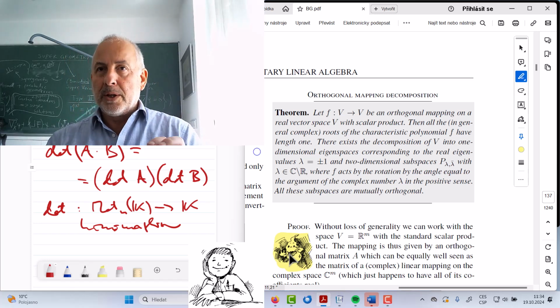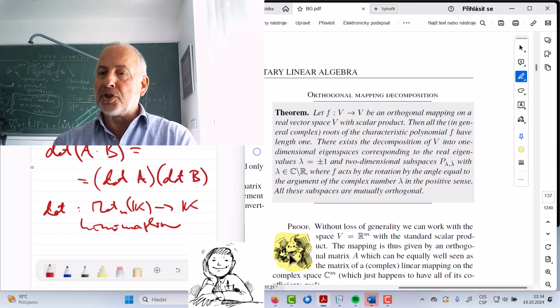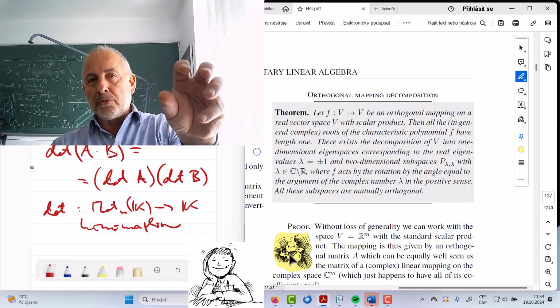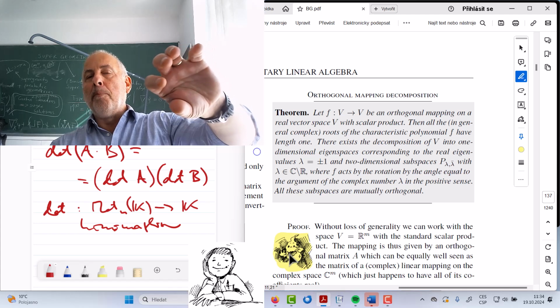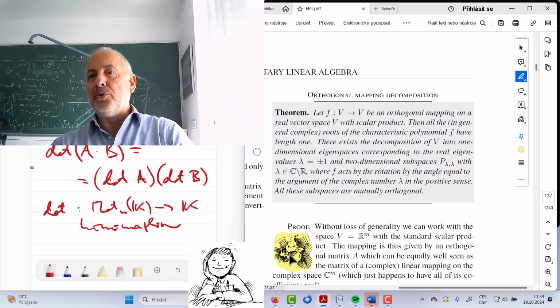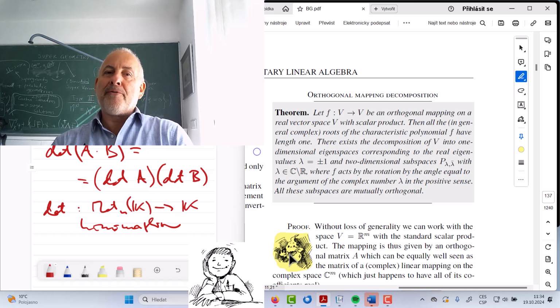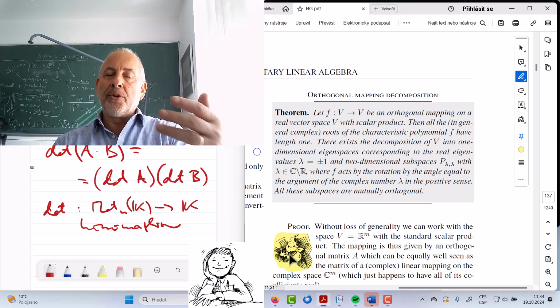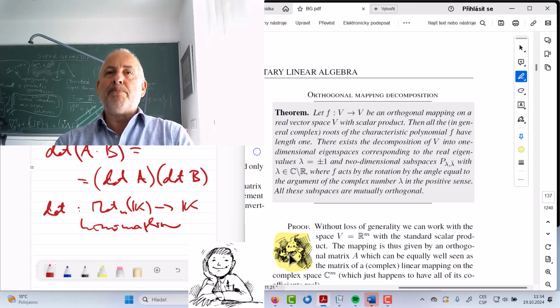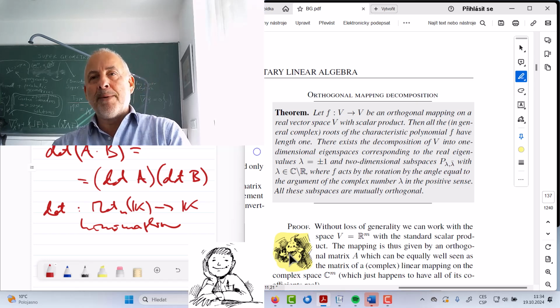But the message is that what we saw was the two-dimensional rotation, which was recognized by having the complex eigenvalues there, and this is true in general. So whenever you have got a real vector space with scalar product and an orthogonal mapping on this space, then the space will always decompose into one-dimensional and two-dimensional subspaces.